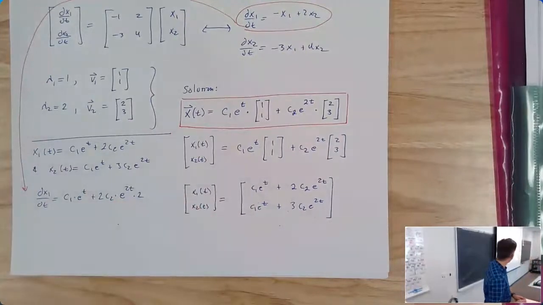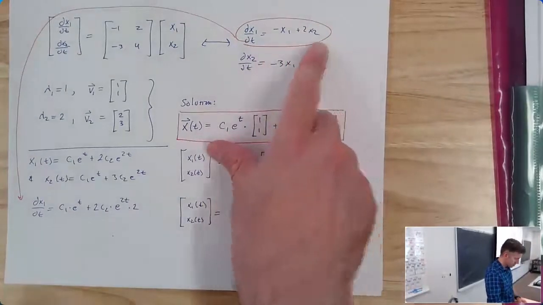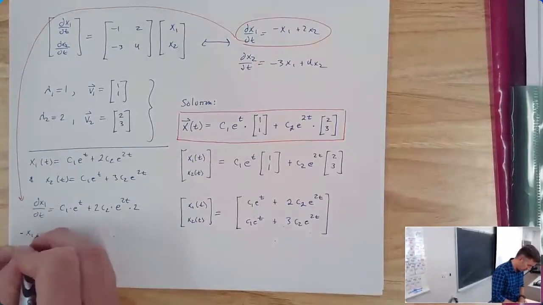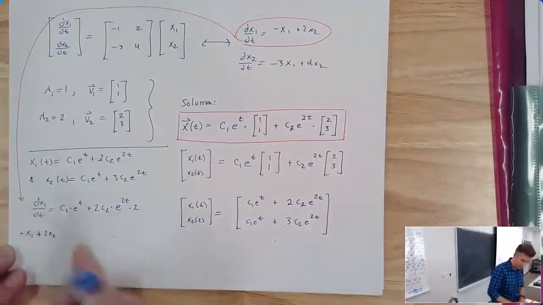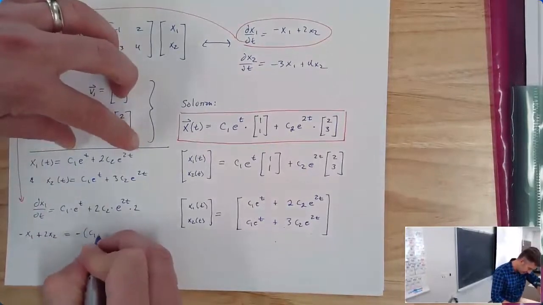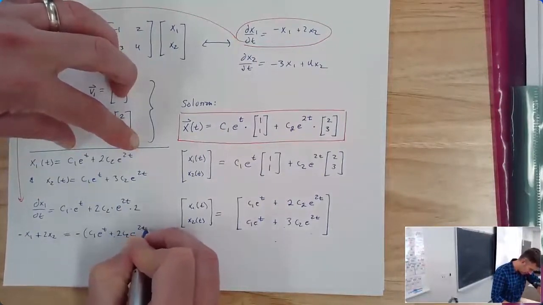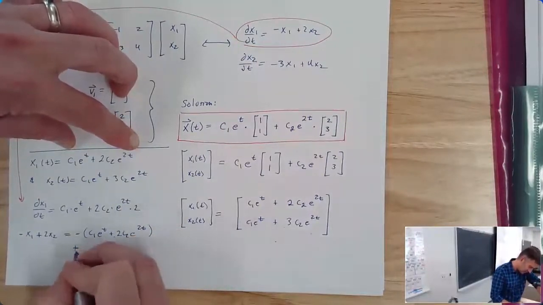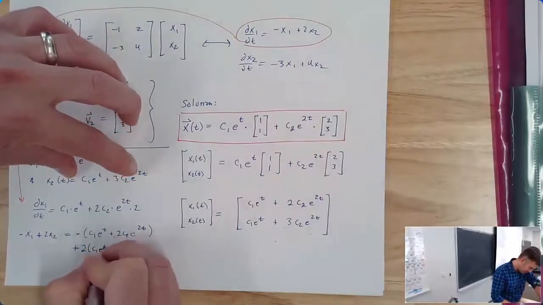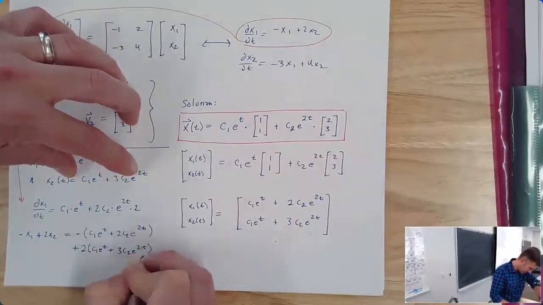Let's compare that to negative x1 plus 2x2. So there's x1. So negative x1 plus 2x2 is going to equal negative this, c1 e to the t plus 2c2 e to the 2t, plus 2 times x2, so 2 times c1 e to the t plus 3 times c2 e to the 2t.